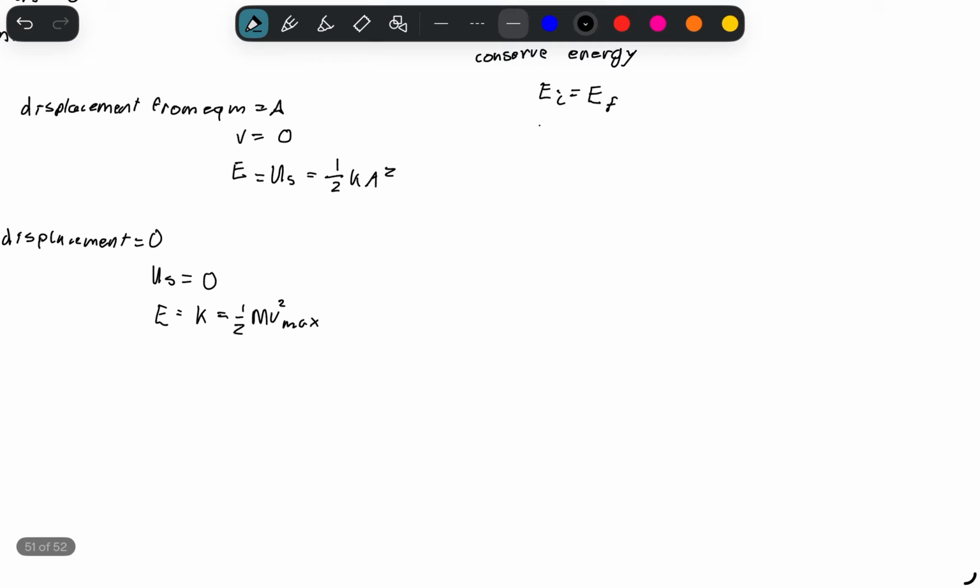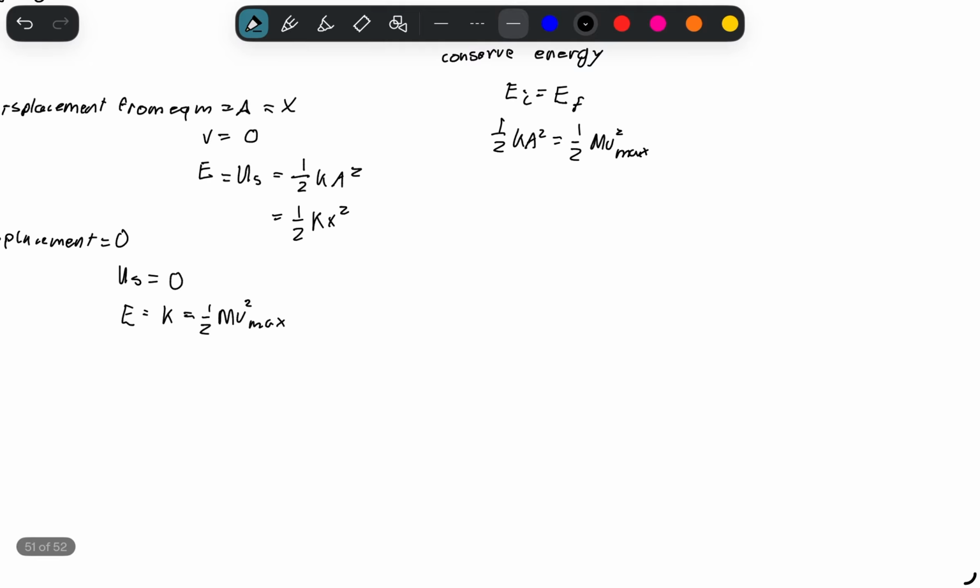So we would set 1/2 k A squared, and by the way, it's 1/2 k x squared, and x is your displacement, so that's why we said A there, equal to 1/2 m v squared max. So here we can cancel out that 1/2, and we have k A squared is equal to m v squared max.